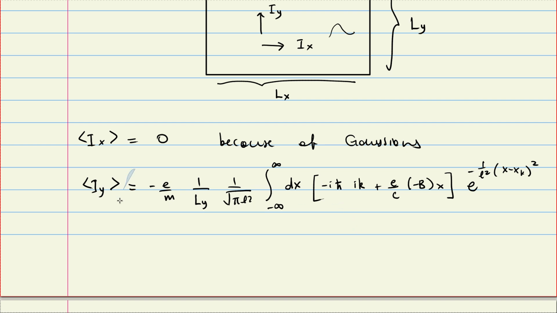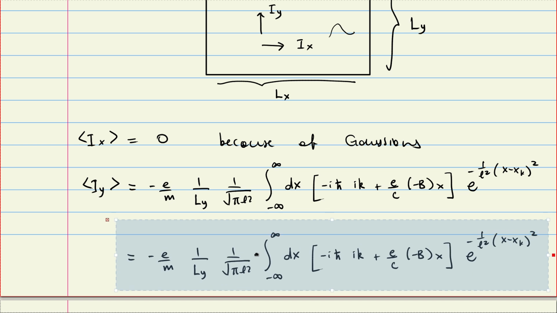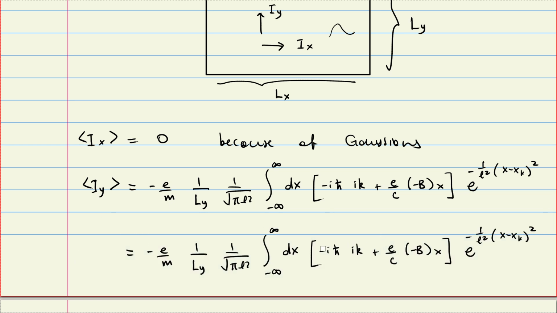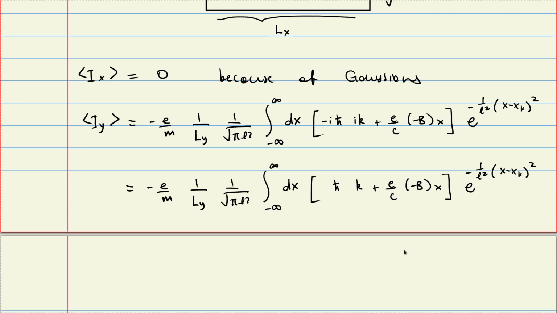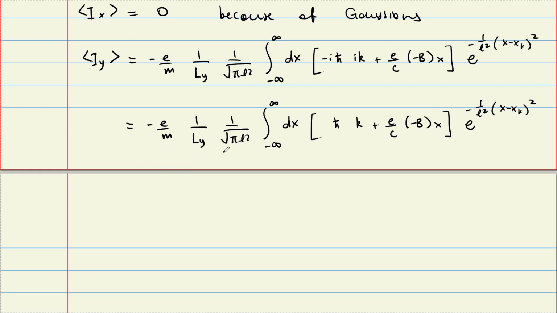And this, okay, let me copy and manipulate. So this is minus i, and I want to take this eB over c outside.